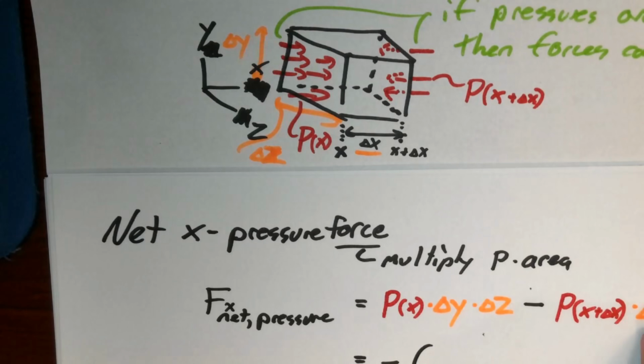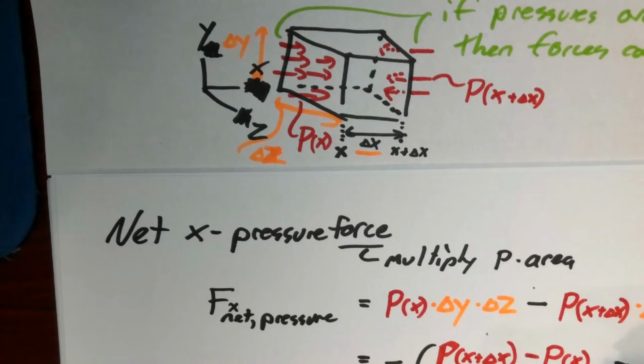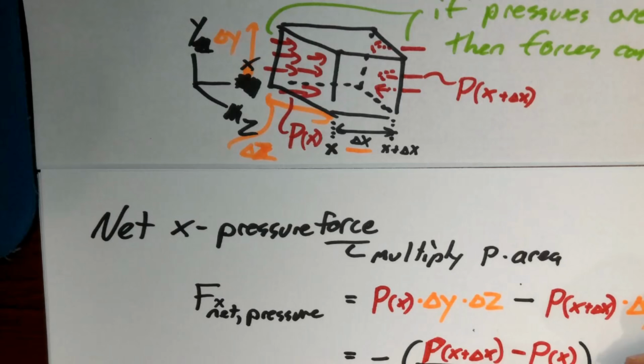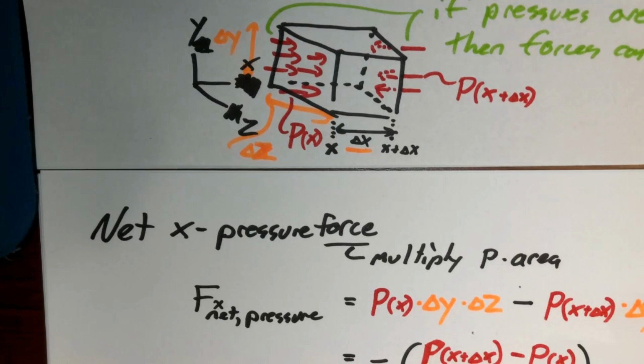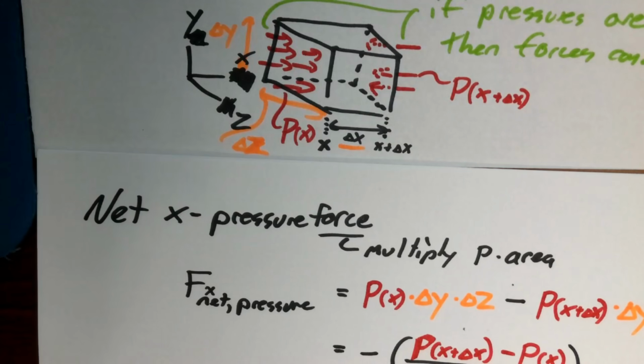I'm just going to factor out a minus delta Y delta Z. So we have minus, pressure at X plus delta X minus pressure at X. And I'm just going to be a little cheeky here, and I'm going to factor out a delta X, delta Y, delta Z. So if I factor out a delta X that wasn't actually in here, I could put it in the denominator here and the numerator out here, and I'm not cheating. The mathematics police aren't going to come arrest me.